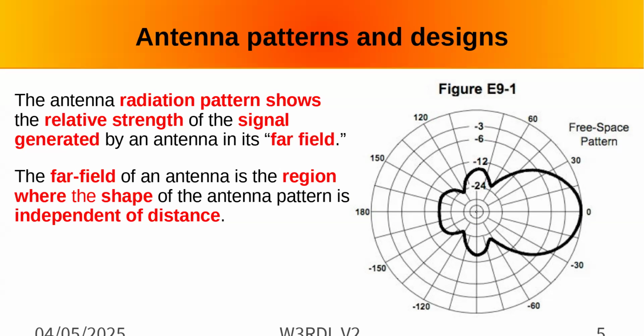Regardless of how far I am from the antenna, I'm going to see this same shape pattern. Now, the power level on the surface of that pattern is going to decrease as the pattern gets bigger, because I only have so much power coming in, so I get so many milliwatts per square centimeter on the pattern surface.